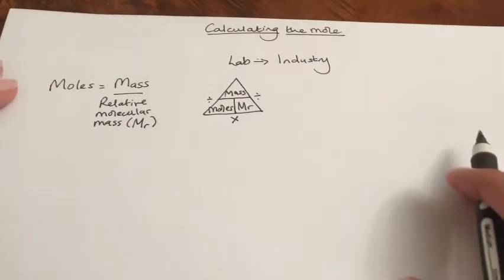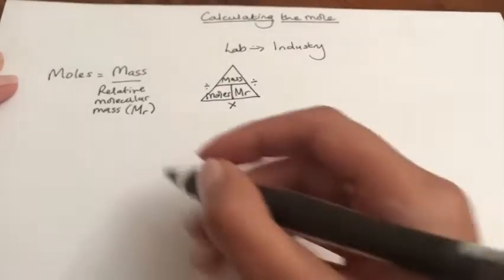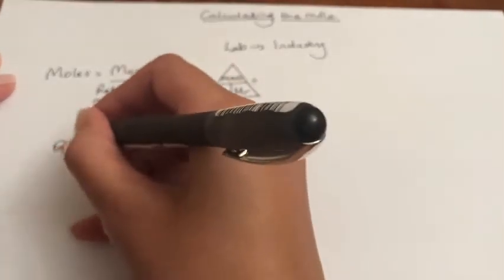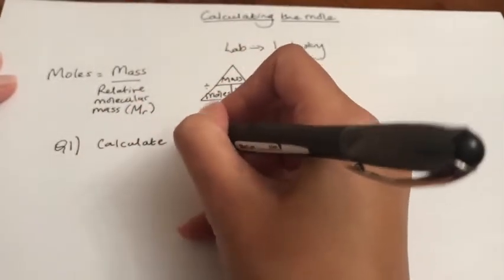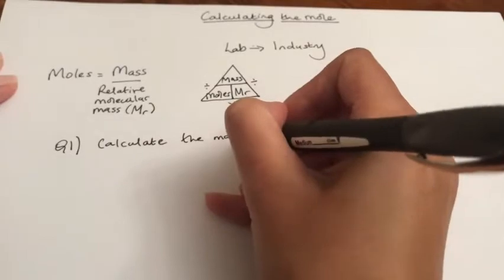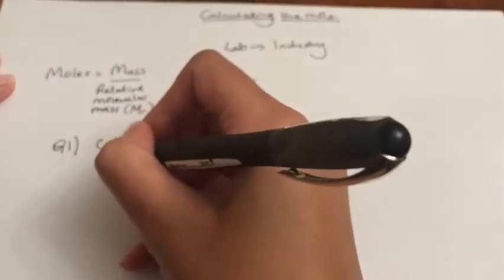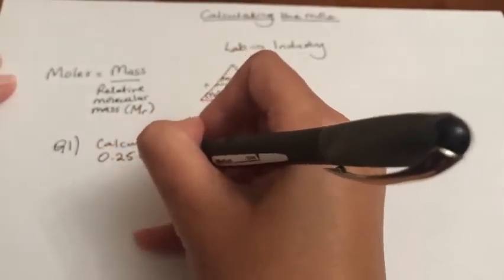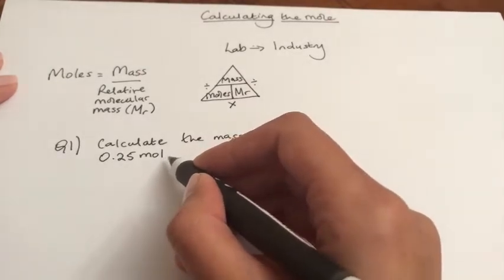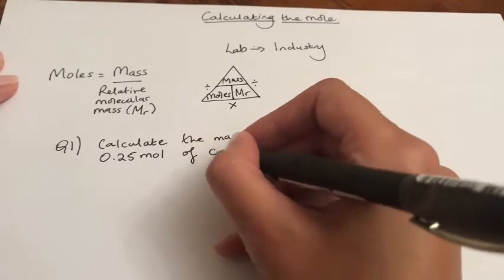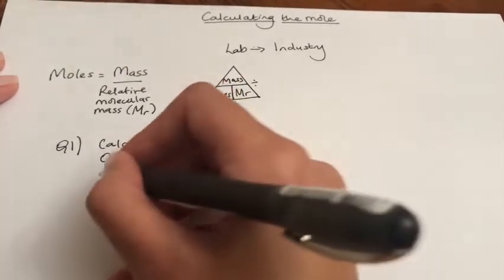So let's have a look at a typical question. Okay, so question 1, calculate the mass of 0.25 moles. Now that's the units, remember, of moles. It's just a thing in chemistry, we take the E off just to keep things a little bit exciting, of carbon dioxide.